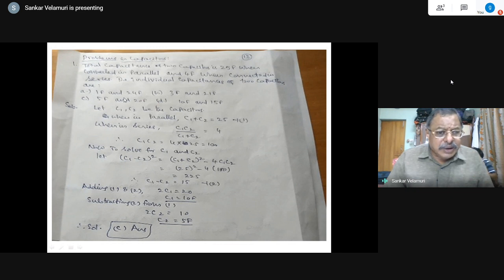So 5 farads and 20 farads. There is some error with 25 and 4, so maybe I might have written it wrongly here, but the answer is right. You can see the answer is given as C, so it is tallying with 5 farads and 20 farads.